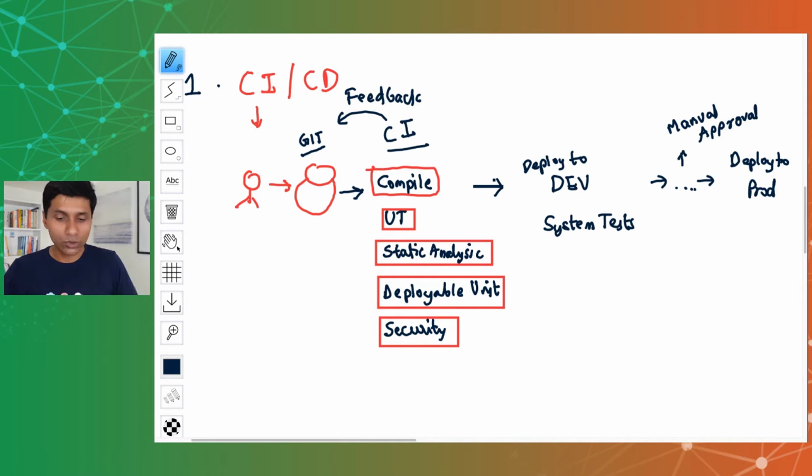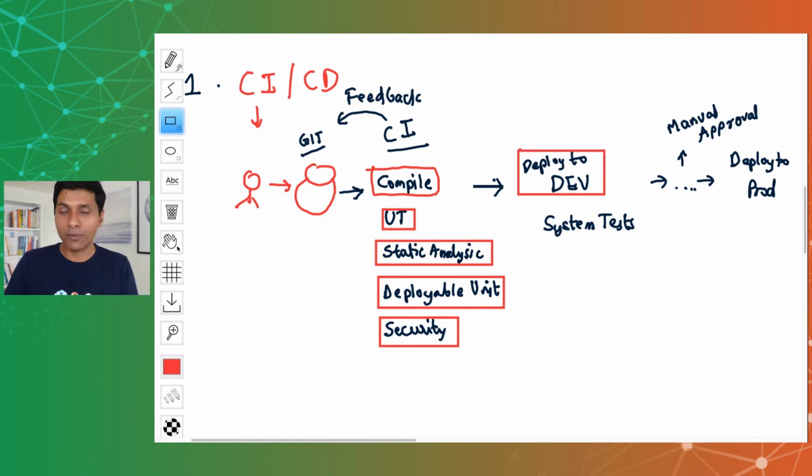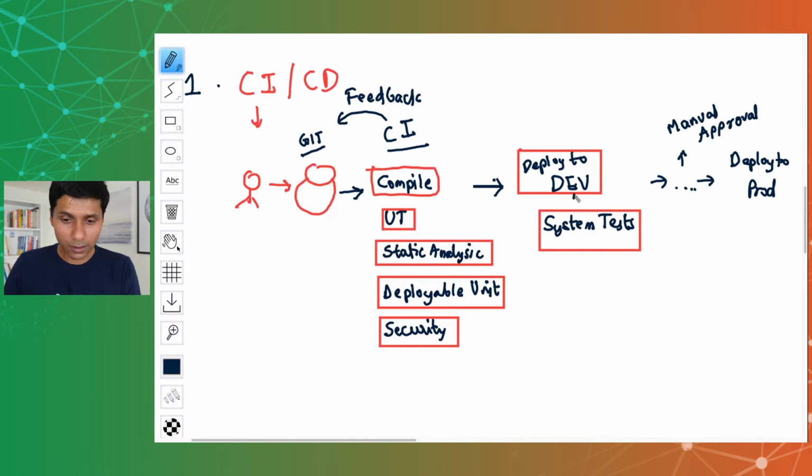That's why they stop the automation cycle probably with a dev environment or a test environment or a staging environment. So they deploy to dev automatically, and probably they would run unit tests also, but they don't directly automate the deployment to production.